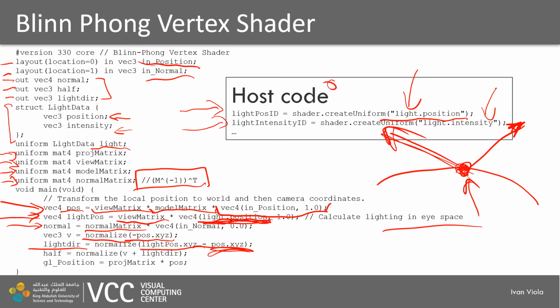And we again normalize it here so that we have the normalized light vector. And then we also need the halfway vector, which is the halfway vector between the V and the light direction, which we are calculating here. So we are summing them up and normalizing them to obtain the halfway vector. So the halfway vector will be somewhere here then.